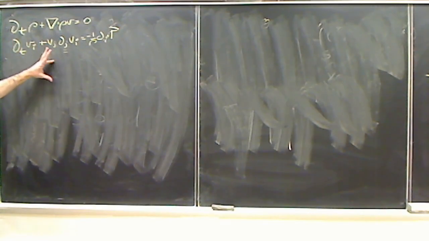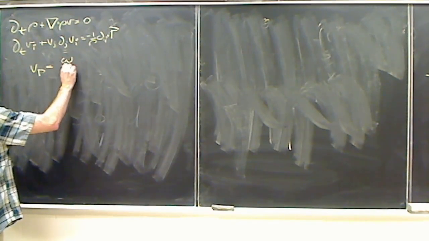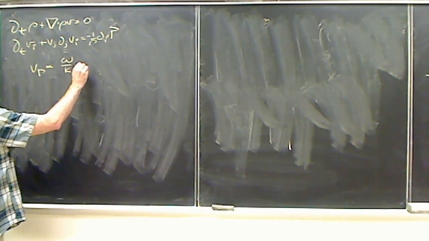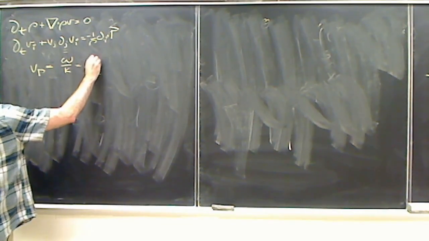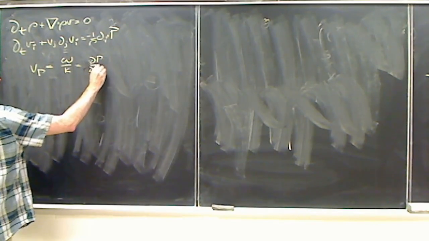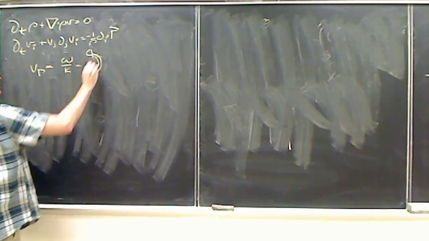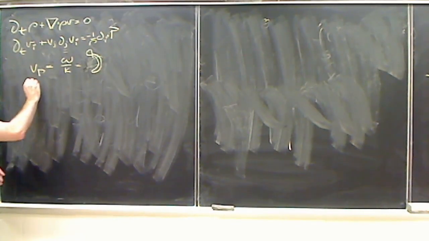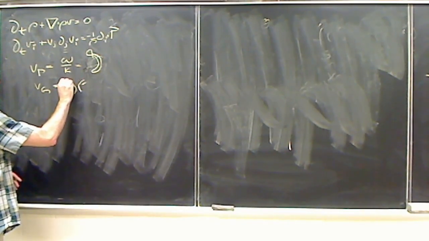We linearize to first order and do a harmonic analysis, and we get the phase velocity, Vp equals omega over k equals dp d rho equals banana, right? And the group velocity, Vg, equals banana tree, right?